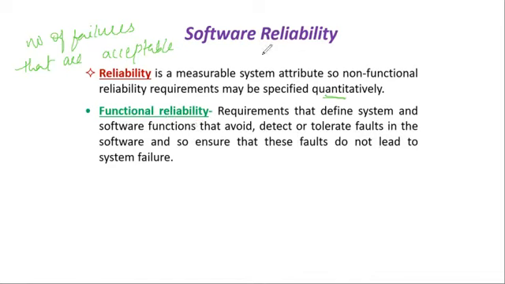Now, reliability means there is an error and the system can accept that amount of error, that number of errors is acceptable. Whereas in functional reliability, you get to know that there is a specific error, you're going to try to avoid it, and you're going to ensure that this specific error is not going to cause some system failure, that is, the entire system crash.